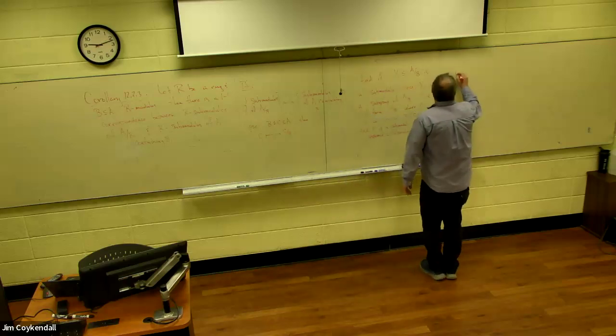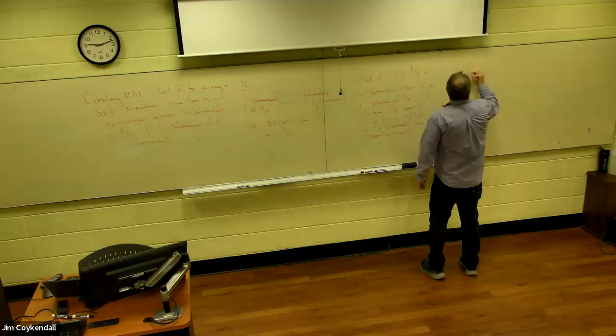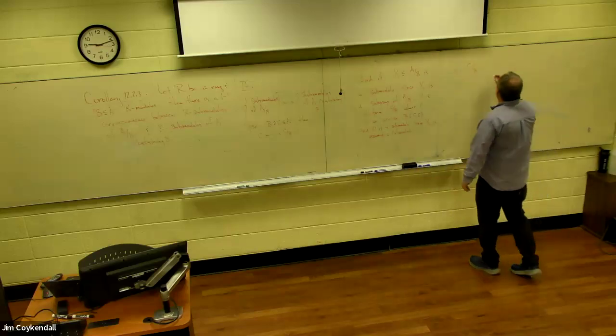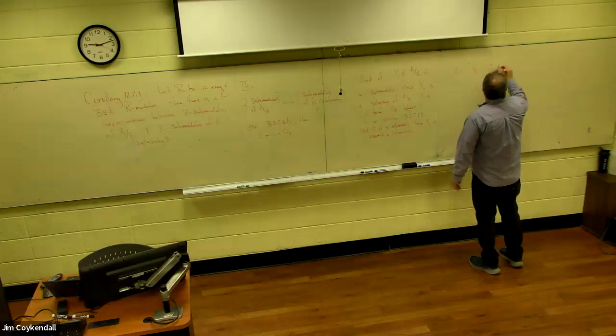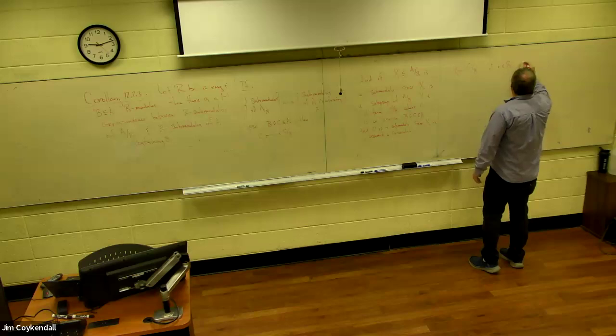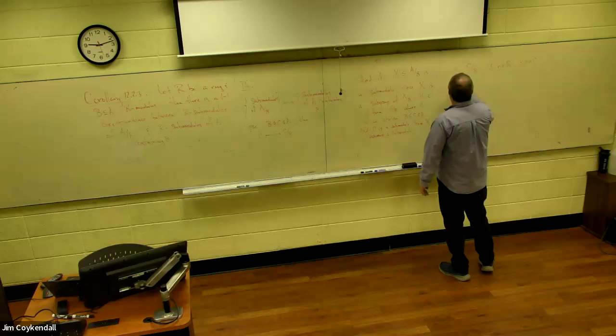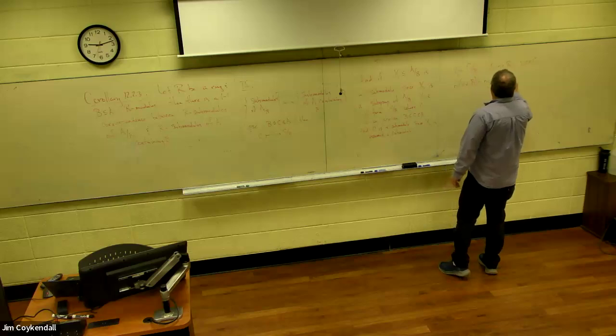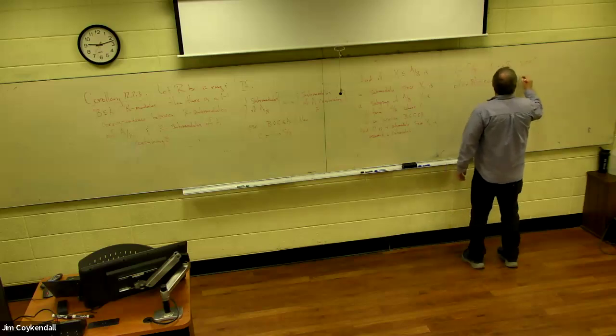Indeed, X we can realize is C mod B. And if r is in R, and c is in C, then r times (c plus B) equals rc plus B, which implies that rc is in C.